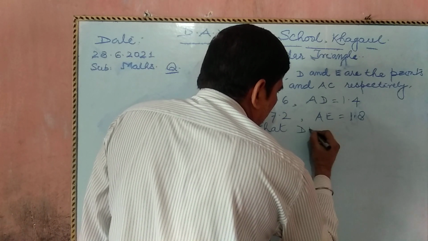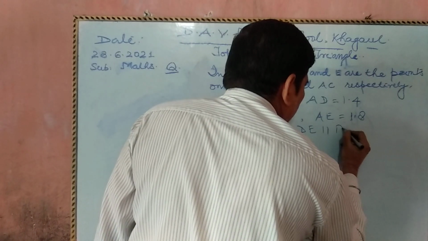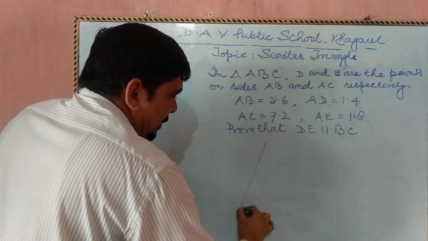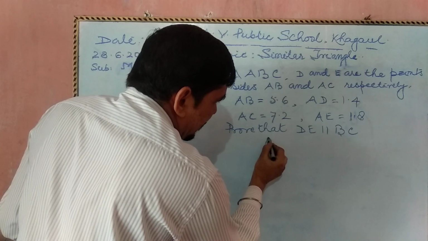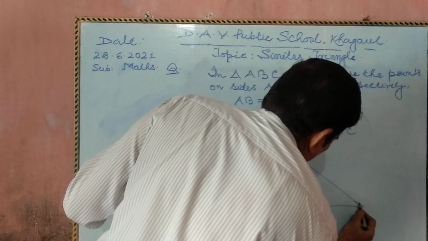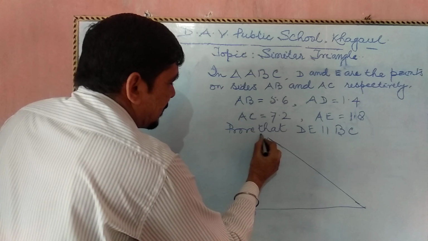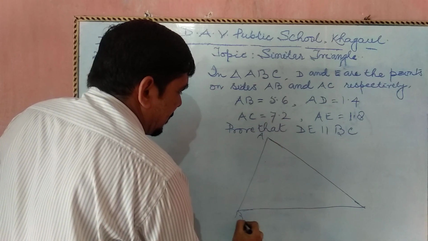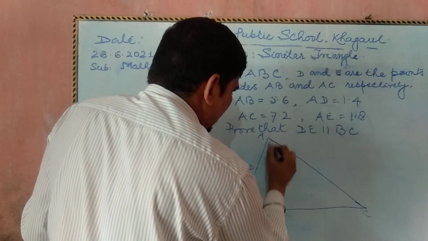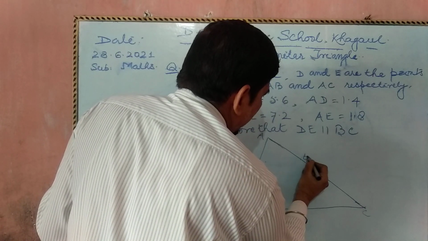Now you can take any triangle ABC. D and E are points on the sides. Suppose D is a point on AB and E is a point on AC.